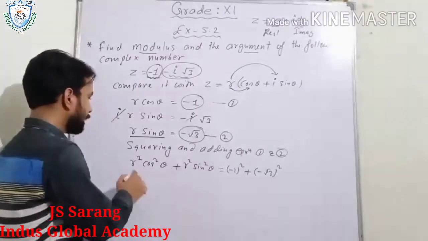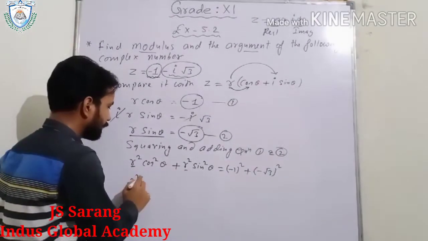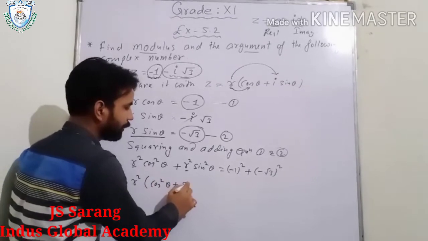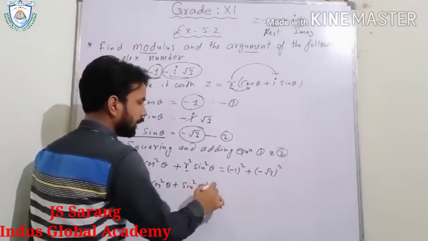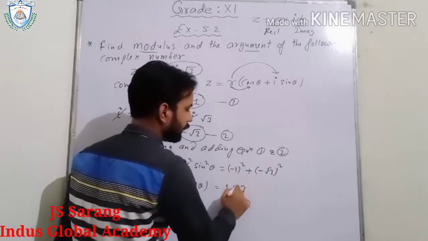Clear? Now see, r square and r square are common, so I am taking r square common. So what is left? Cos square theta plus sin square theta equals minus 1 square, which is 1, plus minus root 3 square, which is 3.